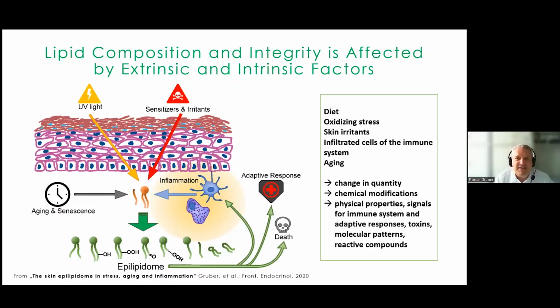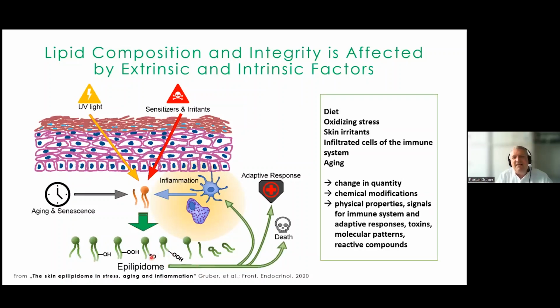Here, the changes in the lipid composition and quality are not necessarily the product of enzymes, as in some of the inflammatory diseases, or synthetic or metabolic pathways, but also of chemical processes like oxidation, nitration, chlorination, sulfonation. And the sum of these lipid modifications is named the epilipidome.